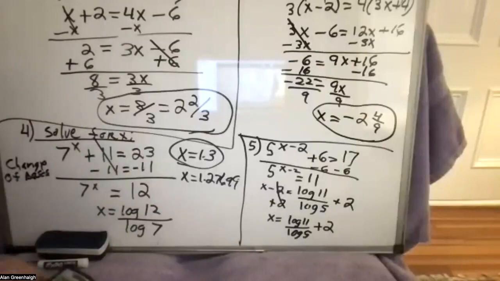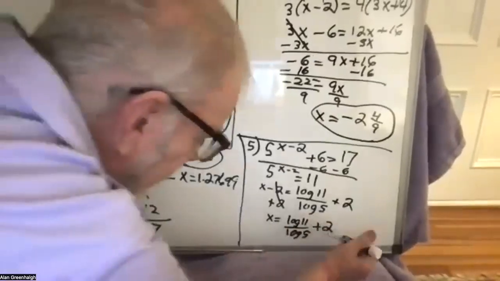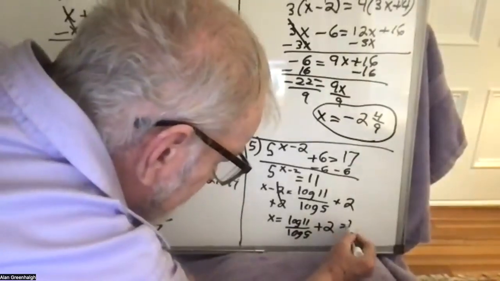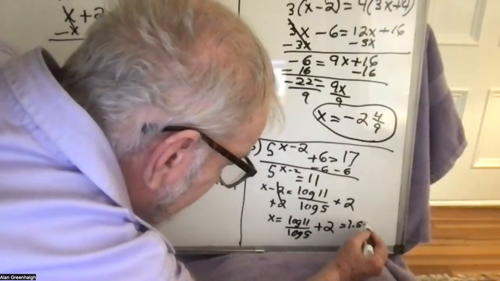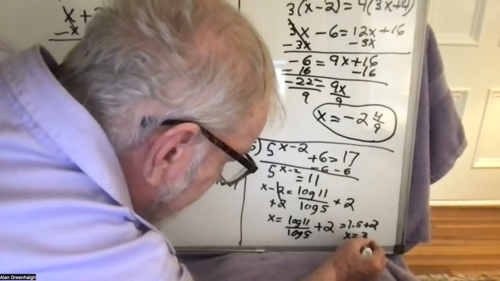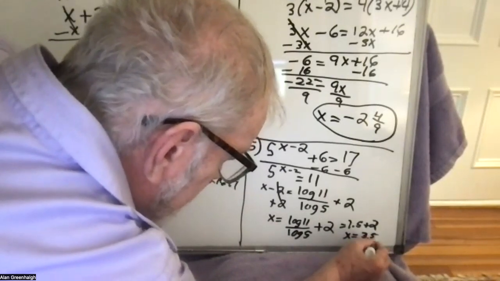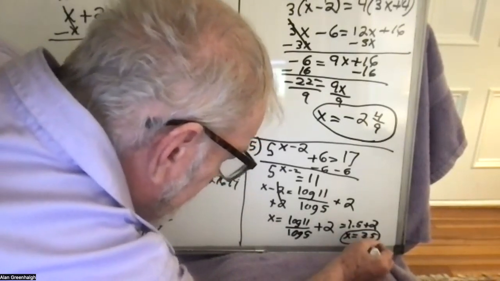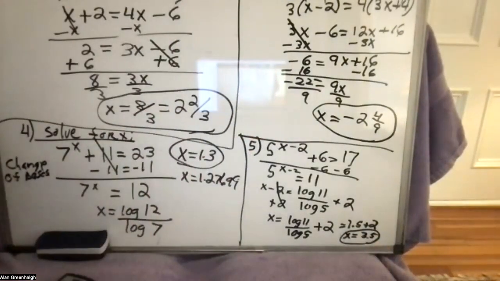I'll go with 1.5 and then plus 2. So 1.5 and then plus 2, and x is equal to 3.5. And that's the answer to the question.